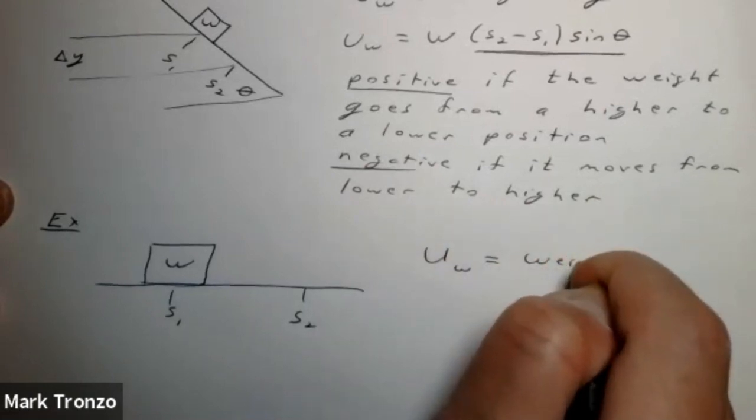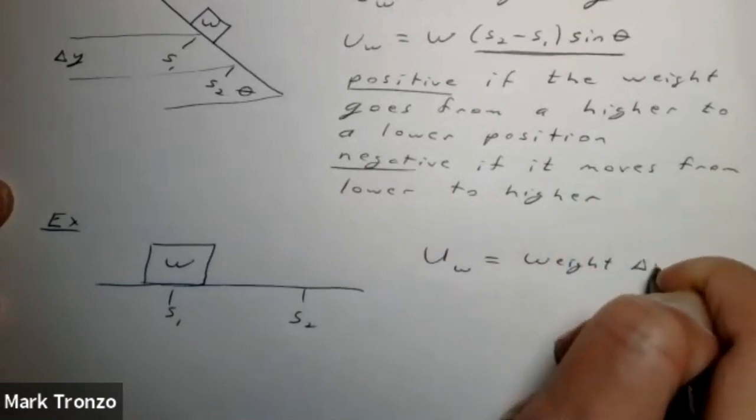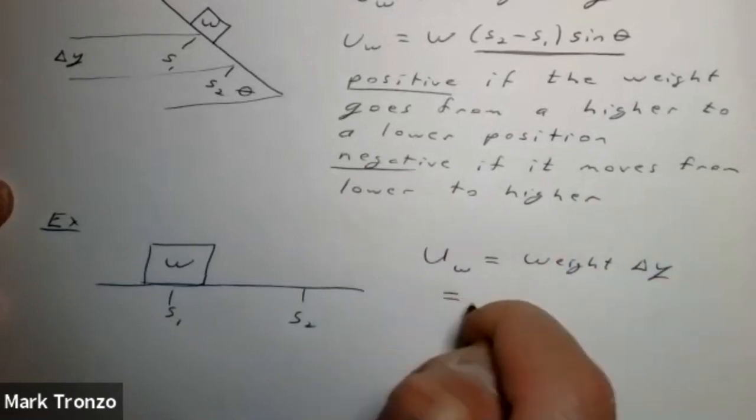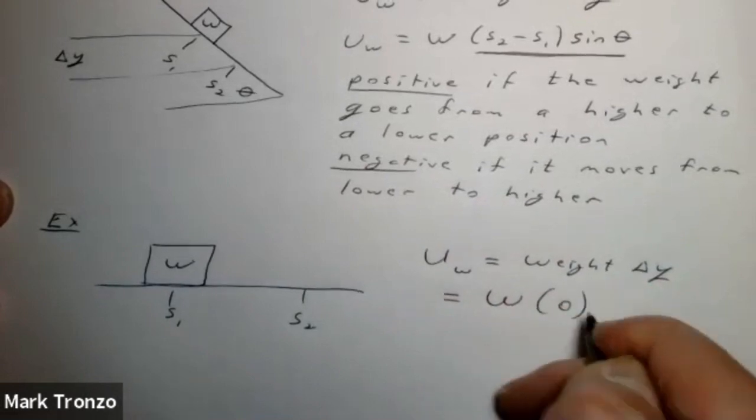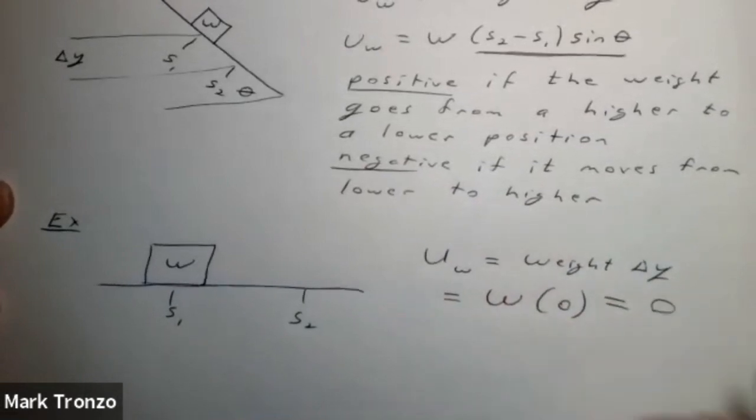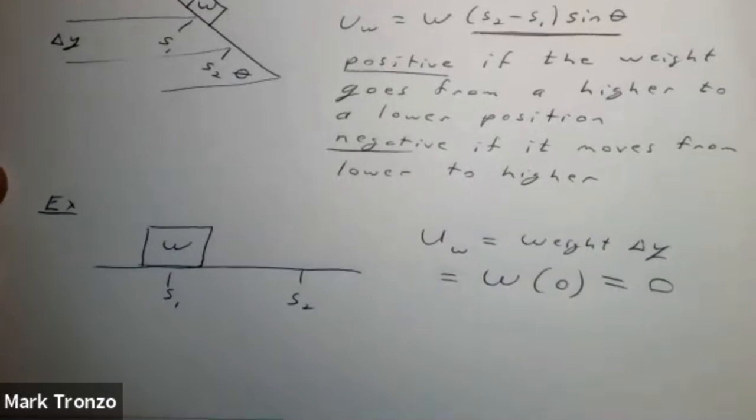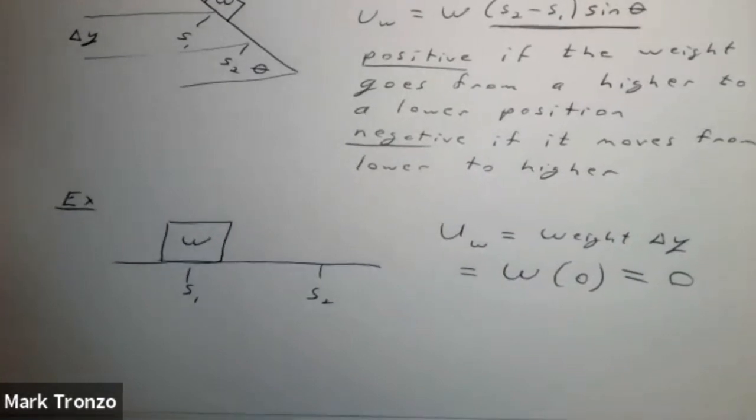So weight times delta Y is weight times 0. So in this case, it's just going to be 0. Any questions on that?